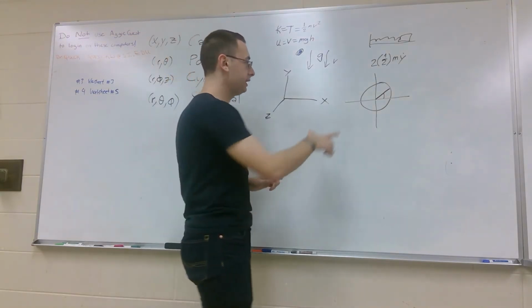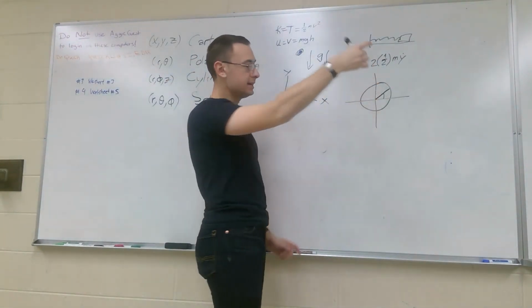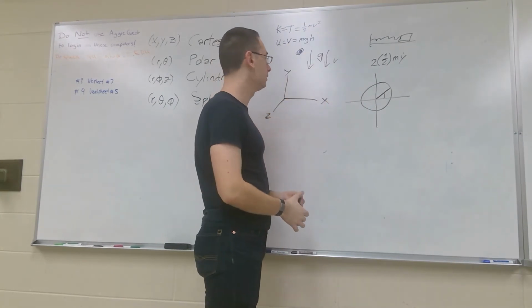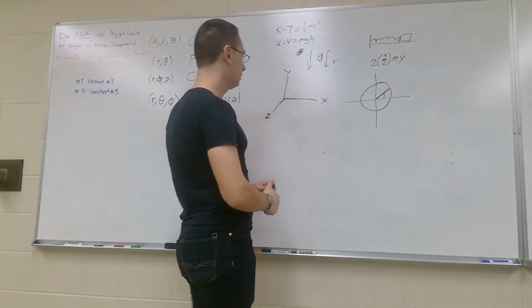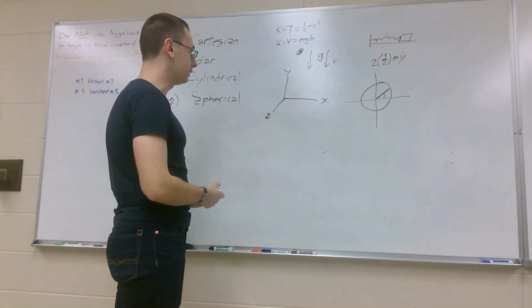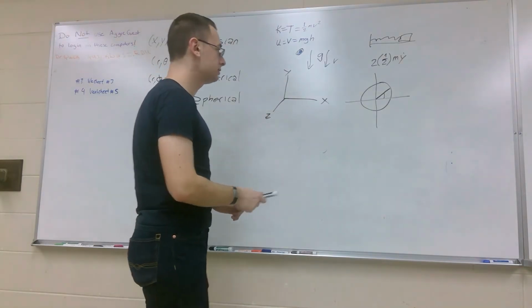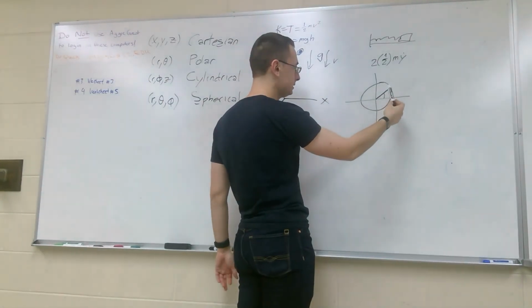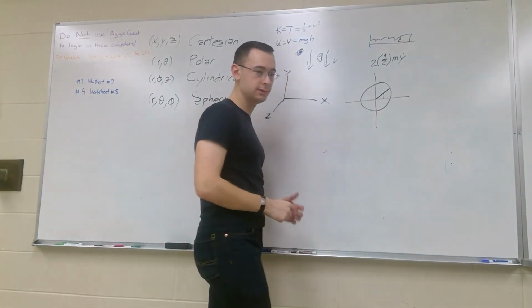Cylindrical, basically you're thinking this, but then you're also going to extend that out into the Z direction. So it's 3-dimensional. And spherical, can't really draw that well. But R is the same thing, it's whatever the radius is out from the center to the edge of your sphere.